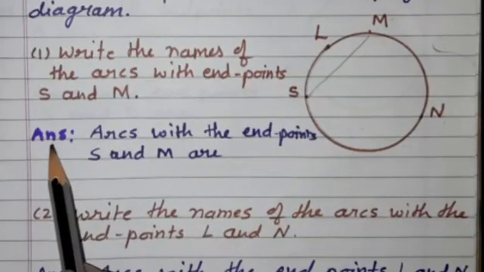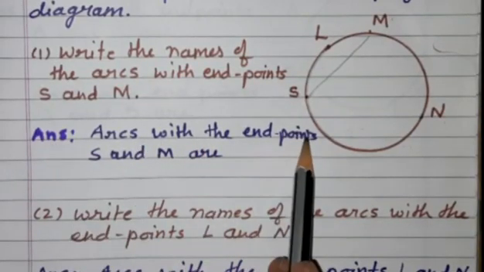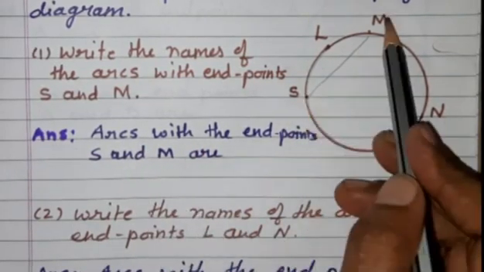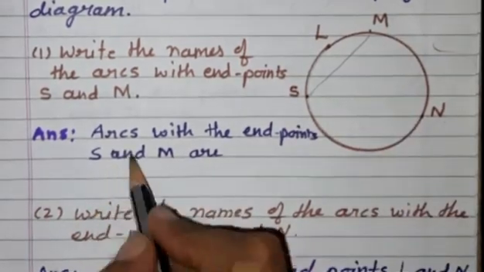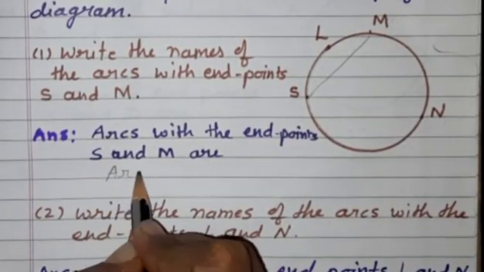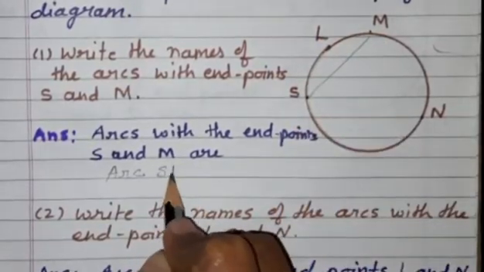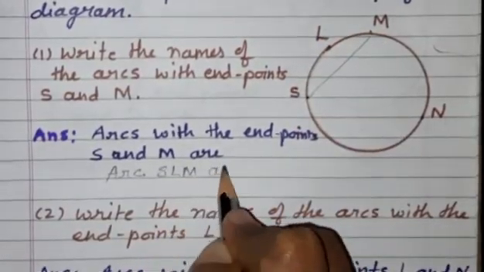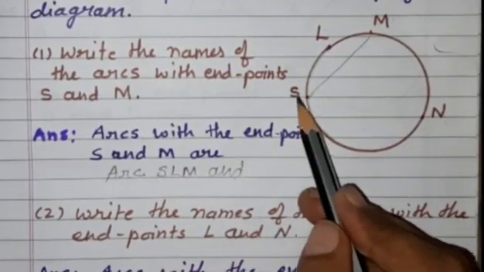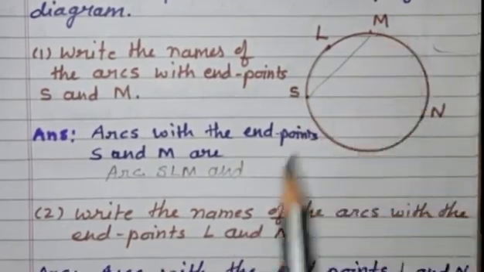So, we write the answer. Arcs with the endpoints S and M are arc SLM and arc SNM.